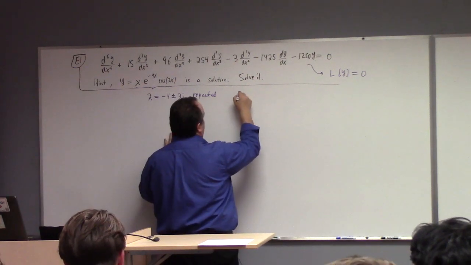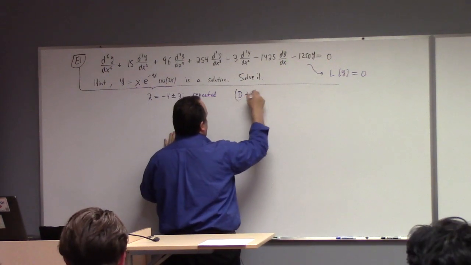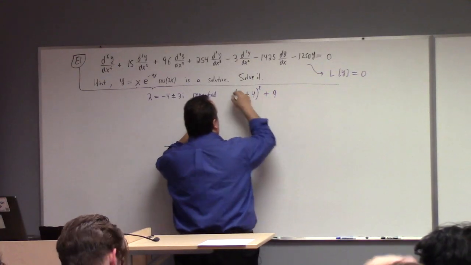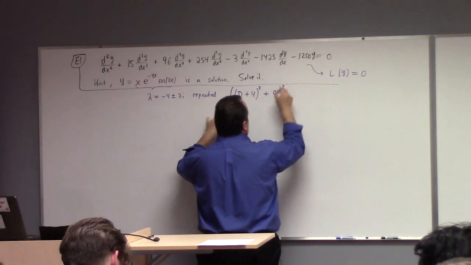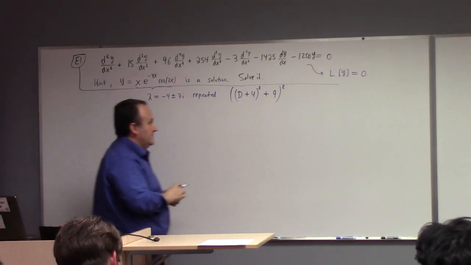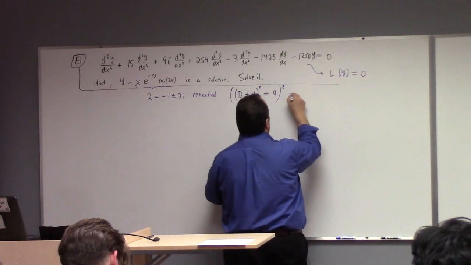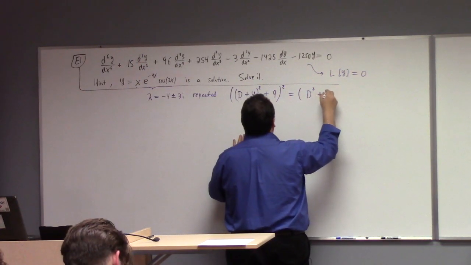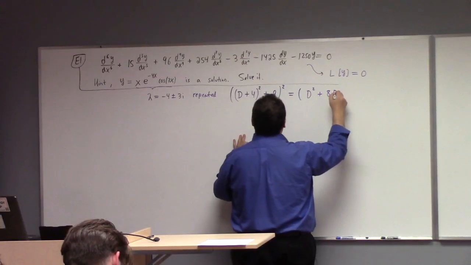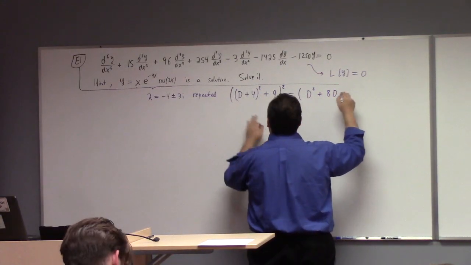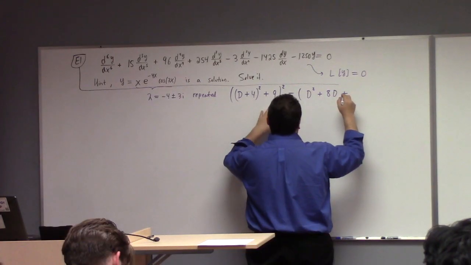This is coming from d plus 4 quantity squared plus 9, squared. All right? Which, if we multiply that out, we've got d squared plus 8d plus 25, I think. 16 plus 9.